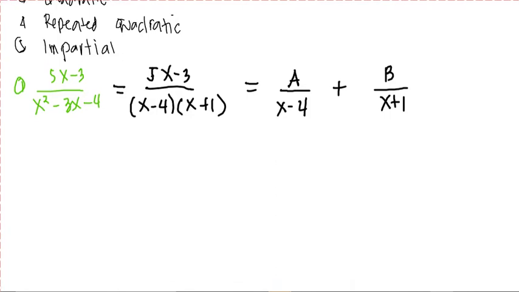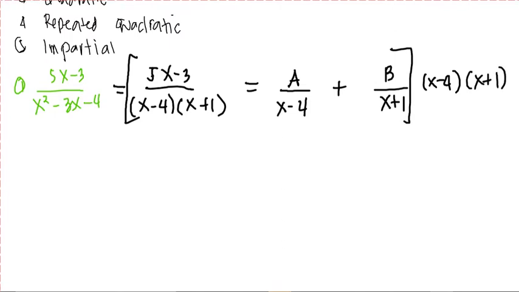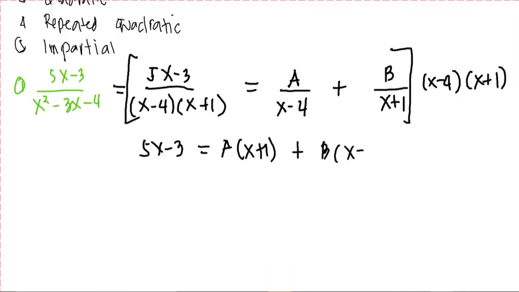So we are going to perform the algebraic operation here. To simplify this, we need to multiply both sides by x minus 4 times x plus 1. So to simplify this, the denominators cancel, so this will be equal to 5x minus 3 equals A times x plus 1 plus B times x minus 4.